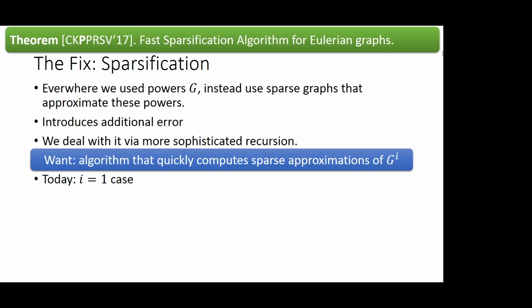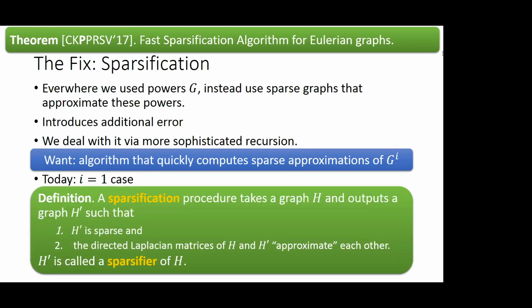But just like was the case in the undirected setting, where you could sparsify things just given access to a sampling oracle, in other words, just given the ability to sample edges from powers of the graph, which you can do very quickly, in a similar fashion, in the directed setting, with some additional caveats, it also suffices to be able to sample from the square of the graph in order to compute a sparse approximation of the square, as long as you can sparsify the i equals 1 case. So that's what we're going to do today.